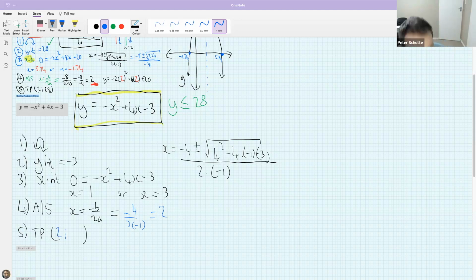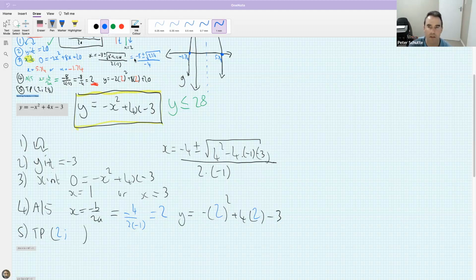There's no guarantees. But now this 2 has to go back into the original thing in order to give us that value. So we get minus something squared plus 4 times something minus 3, but that something is a 2.